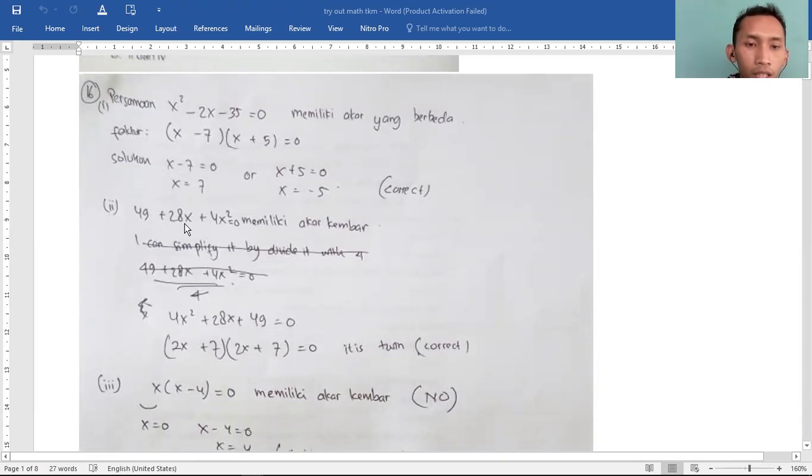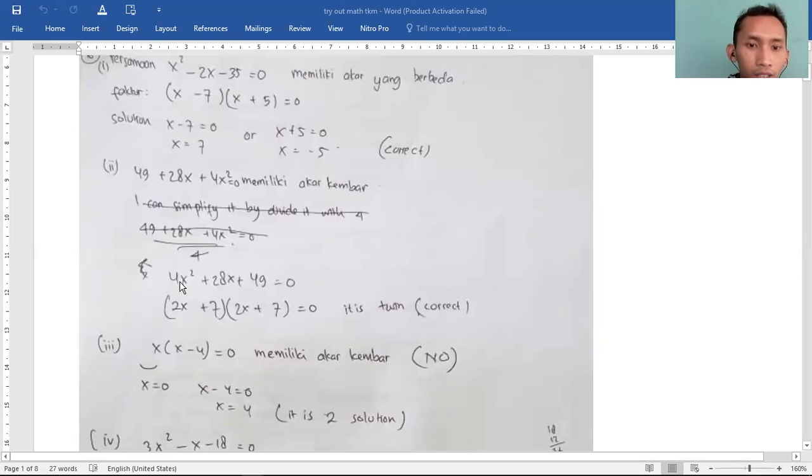49 plus 28x plus 4x squared equal to 0. Is it twin? Let's check. I can rewrite it like this because we are familiar with x squared in front: 4x squared plus 28x plus 49 equal to 0.